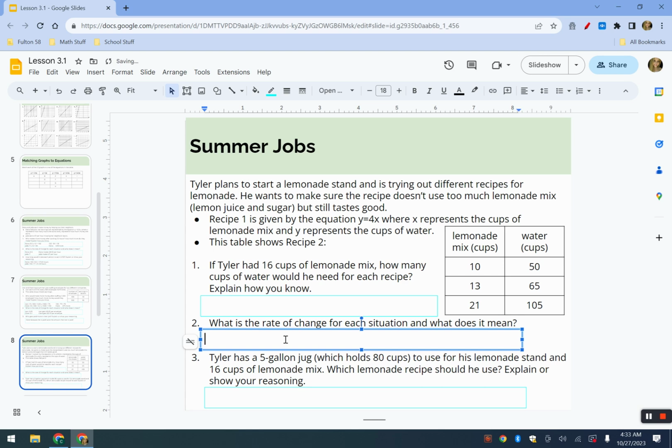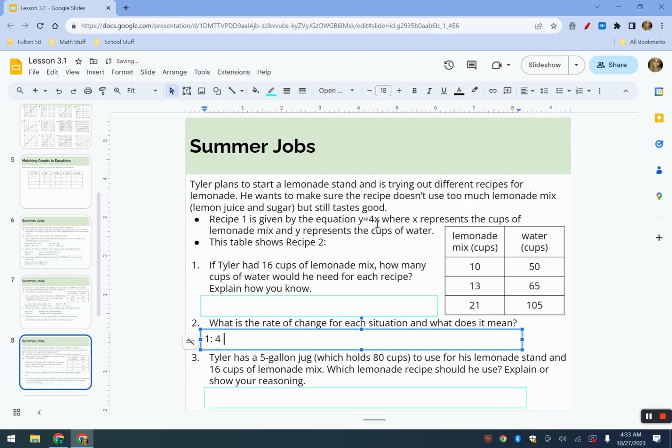So, for recipe 1, we already know our rate of change because it's in our equation. It's going to be 4, and that tells us that for every cup of mix, we need 4 cups of water.